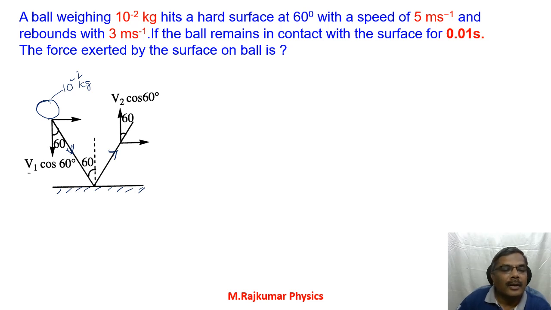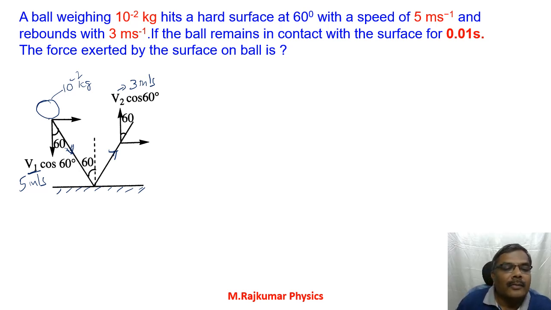Okay. So while it is hitting this wall, it is coming with the velocity of 5 meter per second given in the problem, and it rebounds back with the velocity of 3 meter per second. So the component of the velocity here will be v1 cos 60 and v2 cos 60.